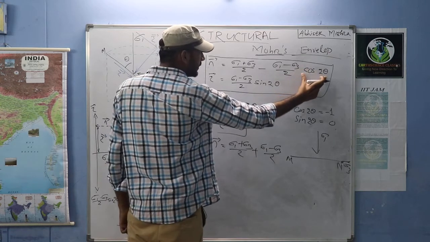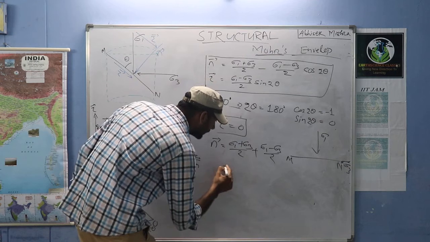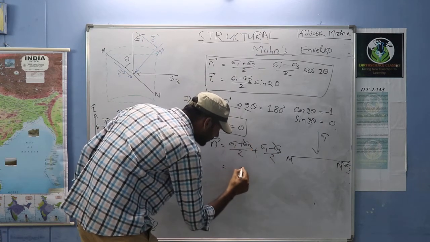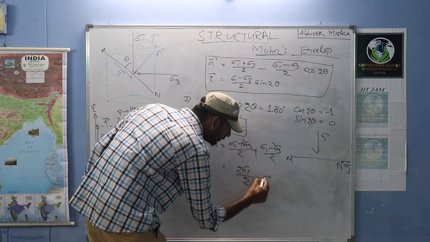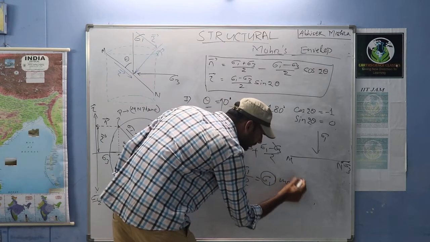Cos 2 theta is -1, and this -1 into minus will become plus. So you can see sigma 3 and sigma 3 cancel out, 2 sigma 1 divided by 2 will be equal to sigma 1, which is maximum.